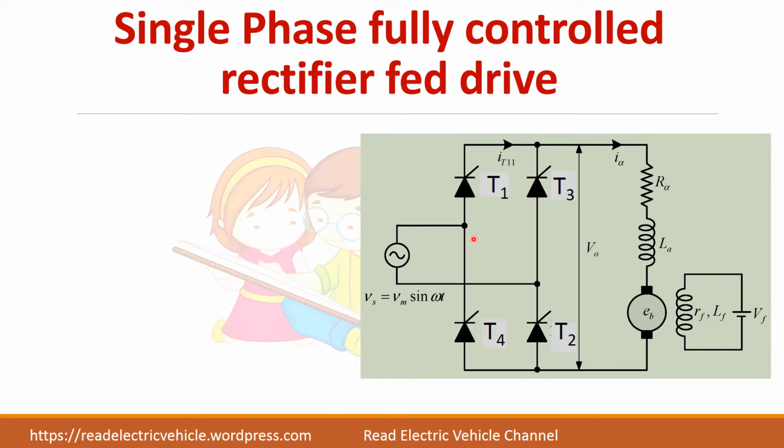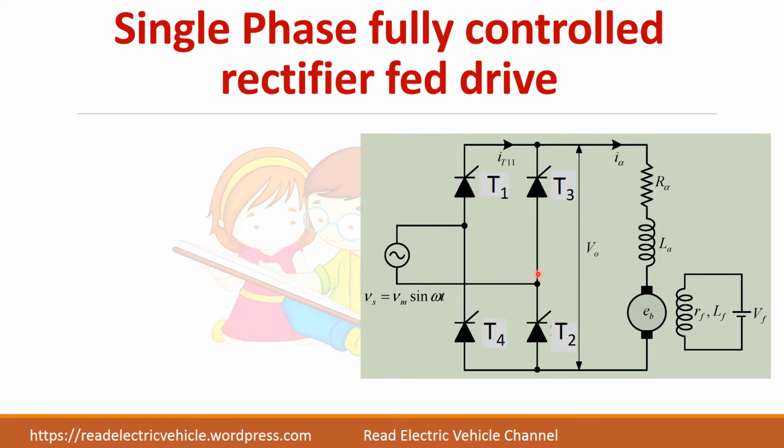So this converter can convert AC supply into DC output, and this DC output is given to the separately excited DC motor. So this is the field winding of the DC motor, which is given a separate DC supply, and this EB represents the back EMF of the motor.